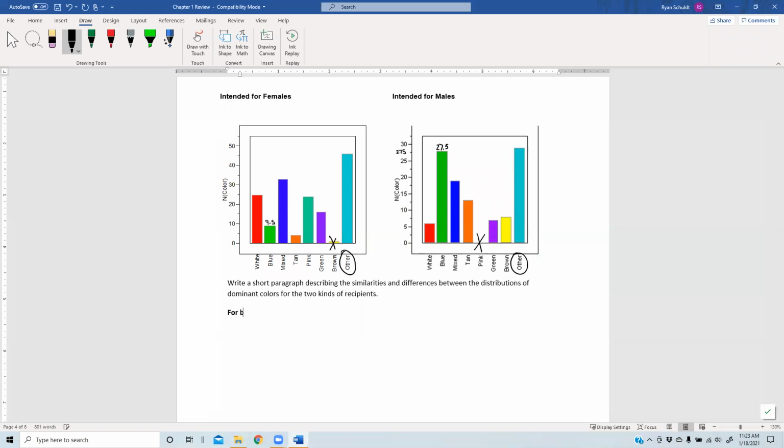So for both male and female, cards of other color seem to be the most popular, and that means not white, blue, mixed, tan, pink, green, or brown. That's what I mean by other color.